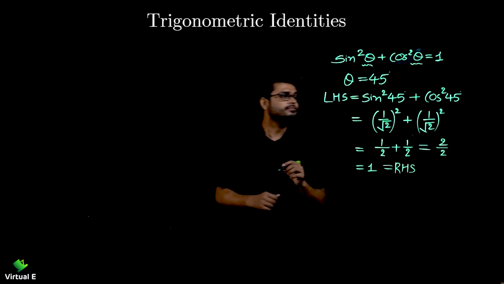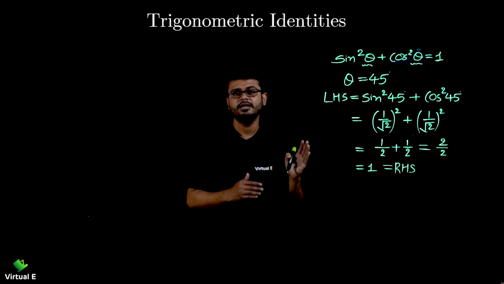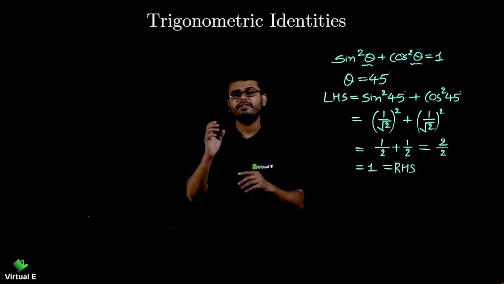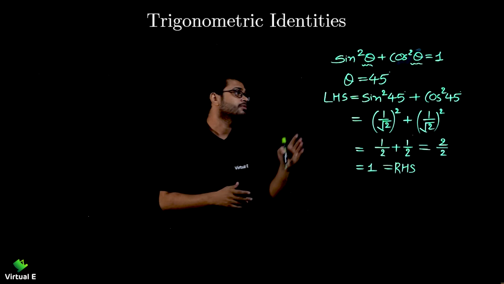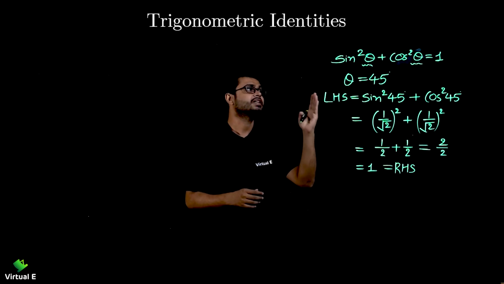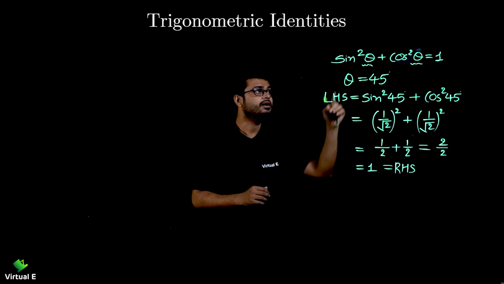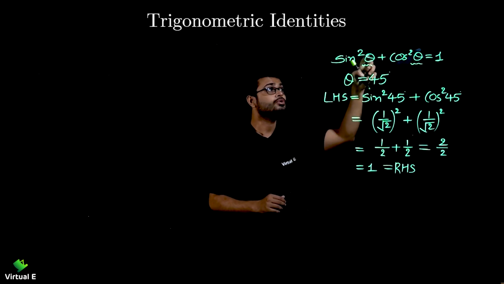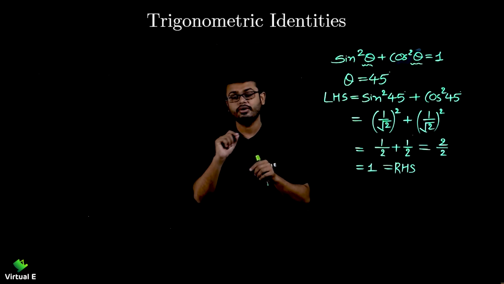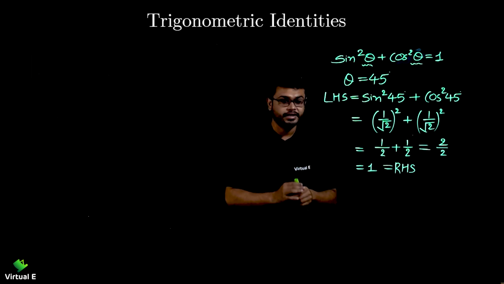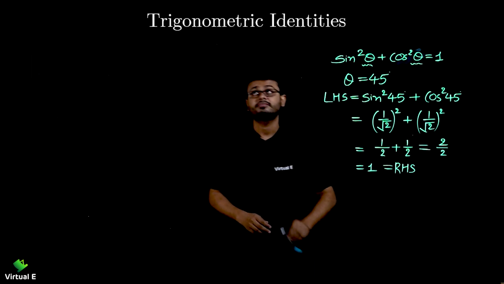You can verify this with the angle 30 degree as well, 0 degree, 90 degree as well, whichever values we know, right? So this is our first identity, sine square theta plus cos square theta is equal to 1. Remember, it is square. Second thing, you should have the same angles. You cannot take different angles and say that the answer will be 1. That will be incorrect.